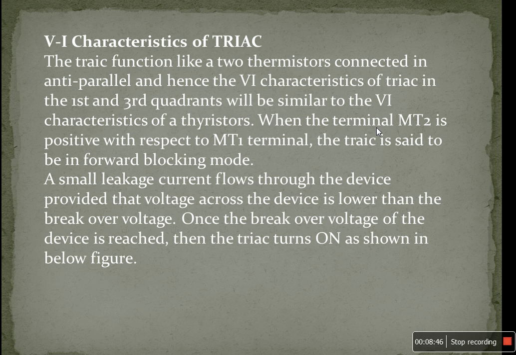When the terminal MT2 is positive with respect to the MT1 terminal, then the triac is said to be in forward blocking mode. A small leakage current flows through the device, provided that the voltage across the device is lower than the breakover voltage. Once the breakover voltage of the device is reached, then the triac turns on, as shown in the figure.